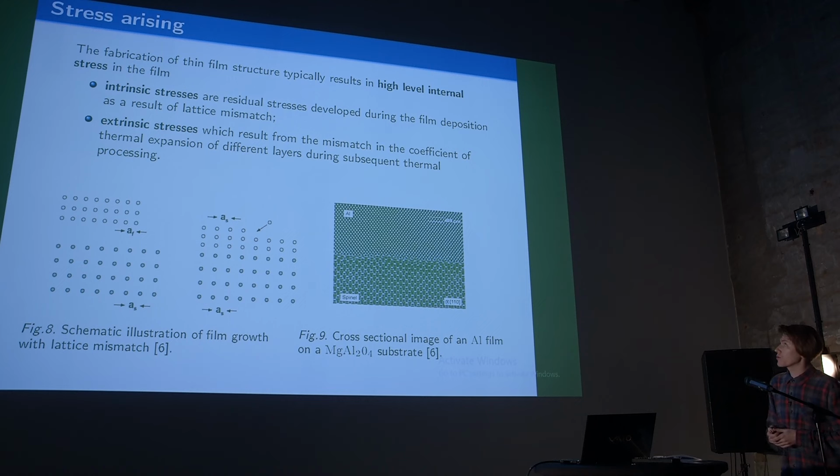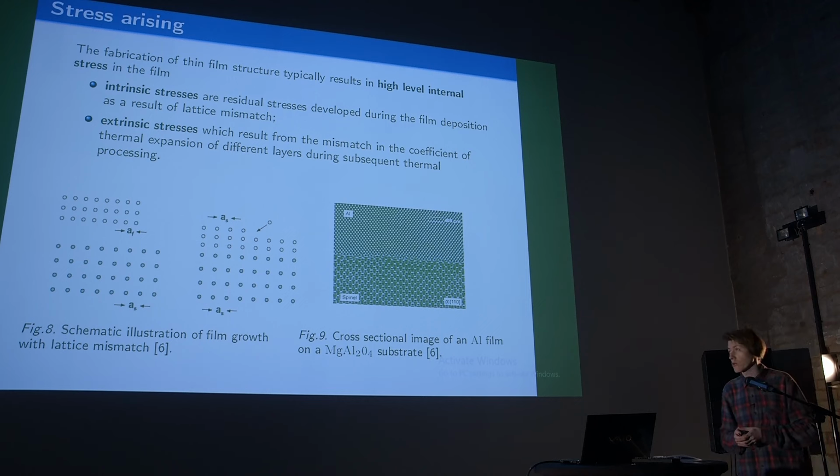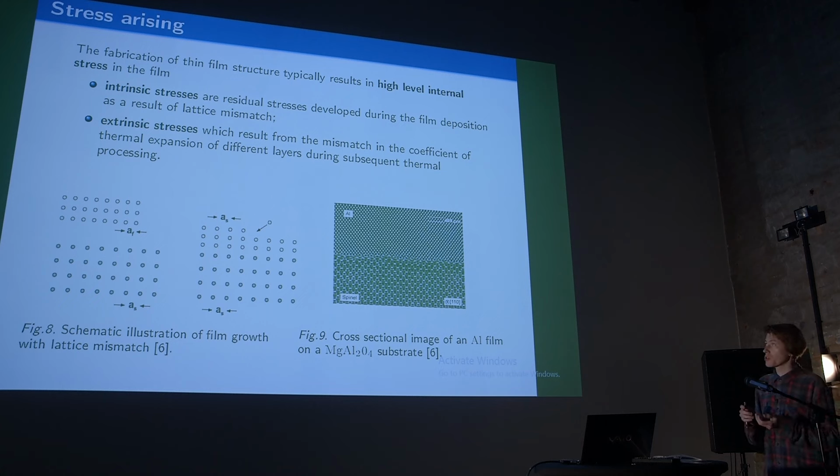The fabrication of thin film typically results in high-level stresses, intrinsic stresses connected with development of film materials. As you can see on this figure, we have some lattice mismatch because we have different materials: a substrate with some lattice constant, and another material which has a different lattice constant as a film.